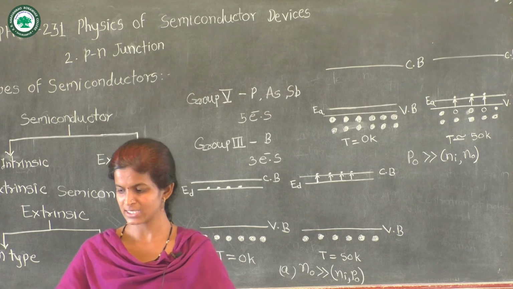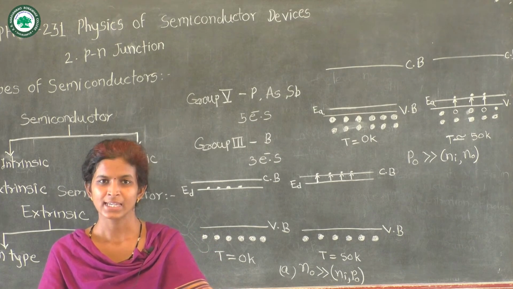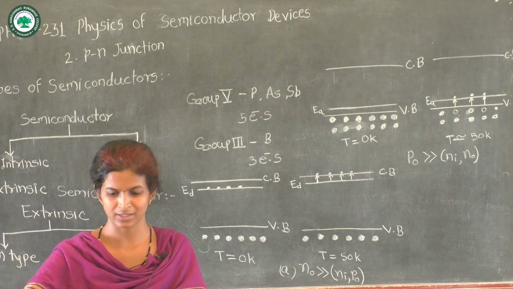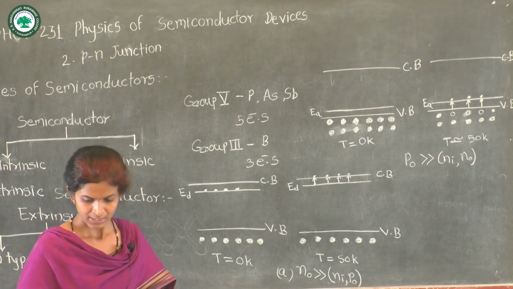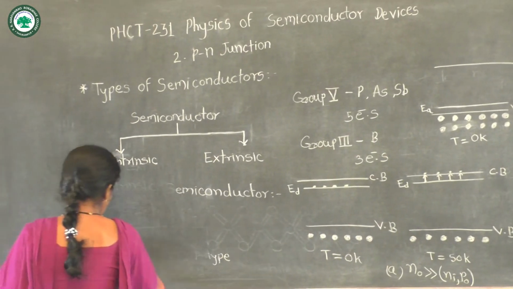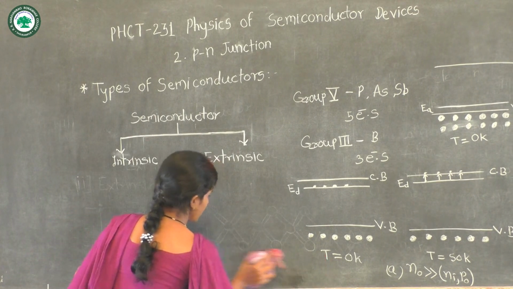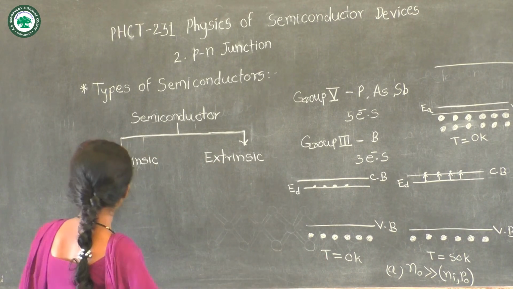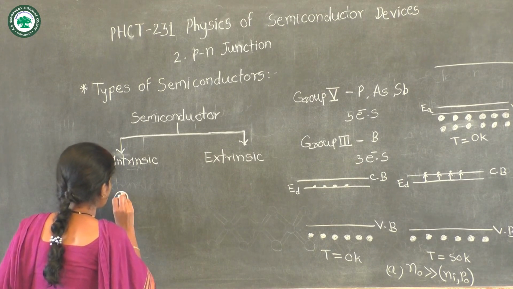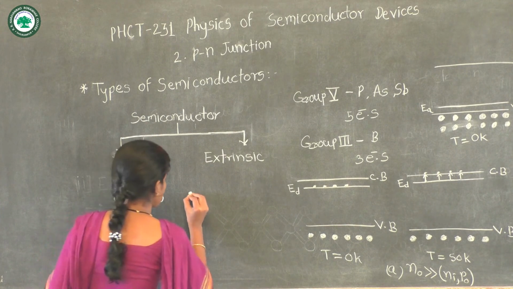So this is the situation when the group 3 impurity is added to the semiconductor. Then we will see, in the crystal of pure semiconductor, how the picture looks when group 5 impurity and group 3 impurity are introduced within the semiconductor.